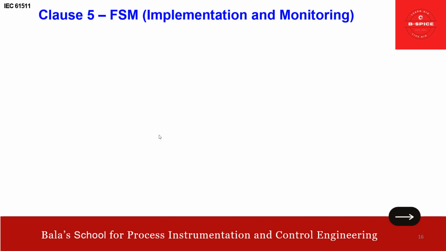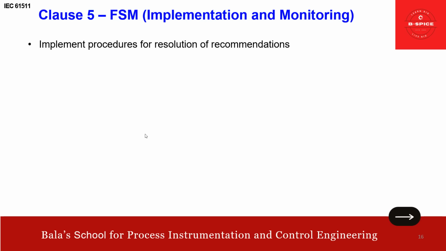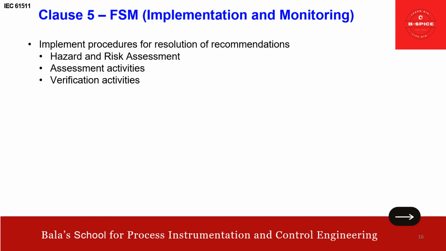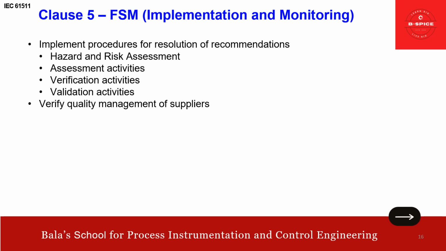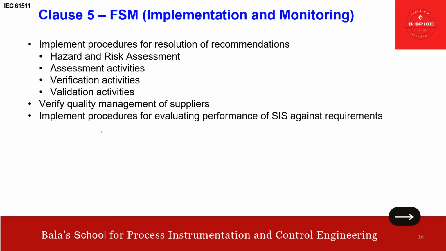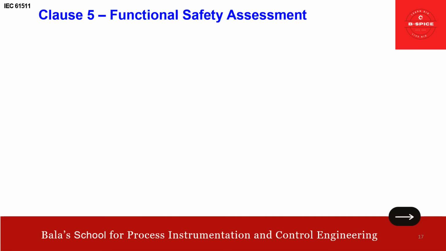Now clause 5, functional safety management implementation and monitoring. They implement the procedures for resolution of recommendations, hazard and risk assessment, assessment activity, verification activity, validation activity, verify the quality management of suppliers, and implement the procedures for evaluating the performance of SIS against the requirements. All this comes under implementation and monitoring. Okay, friends? This is about clause 5, functional safety management.